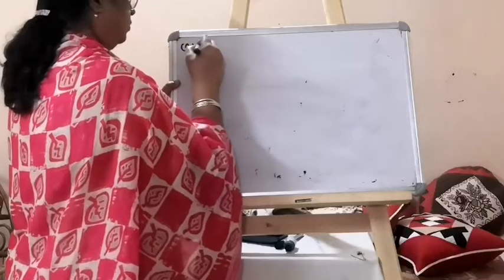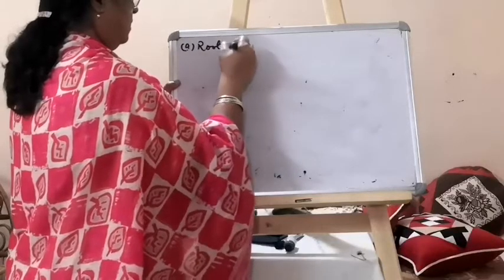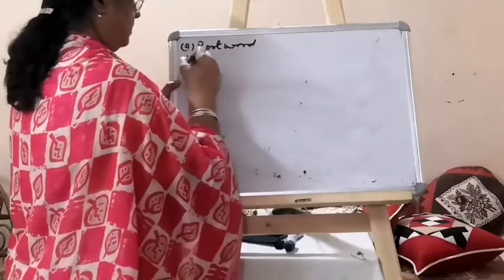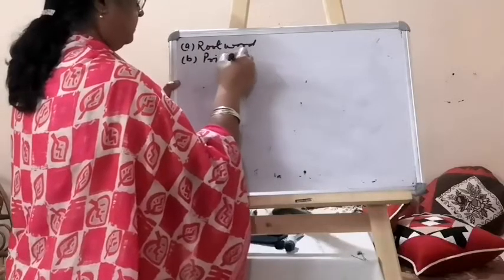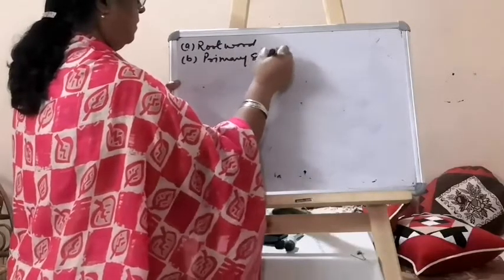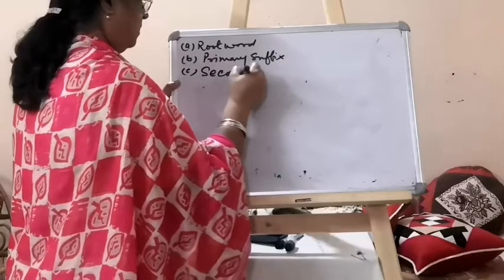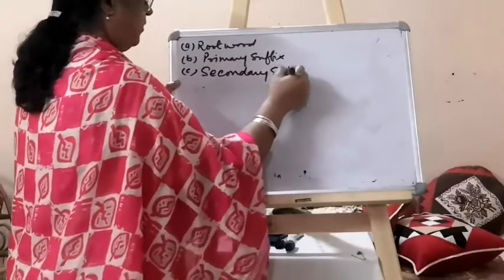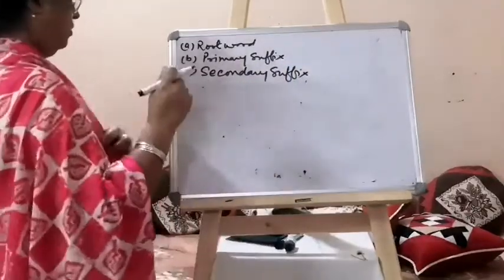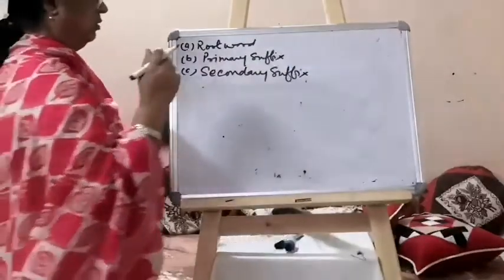So first is the root word and the second is the primary suffix. Now the third is the secondary suffix. So this is your basic rule.